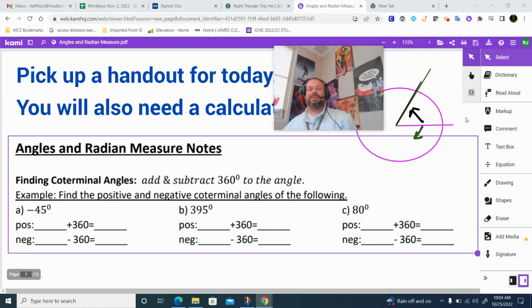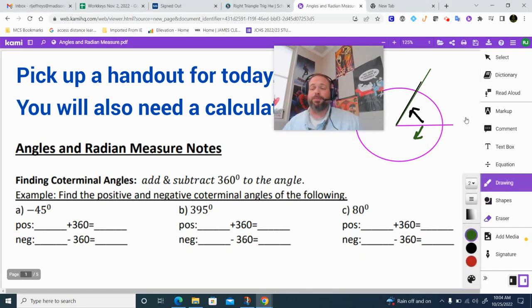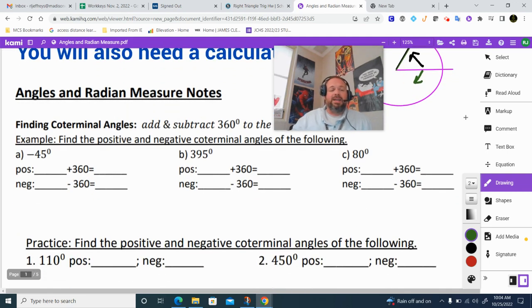So now this is super duper crazy hard. What we're going to do to find the positive version is either add or subtract 360 to the angles. Right here I have negative 45, and I add 360 to that, and I get 315.